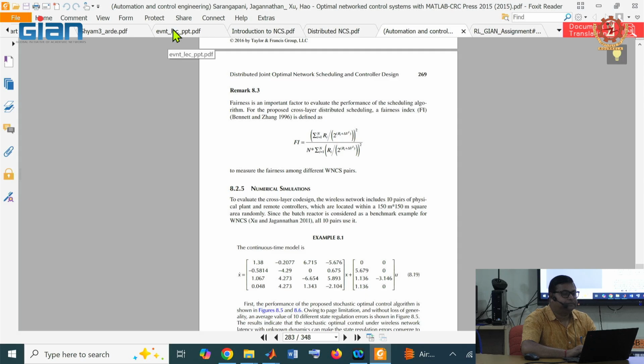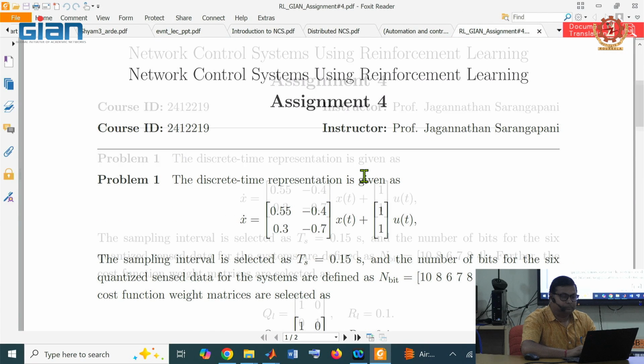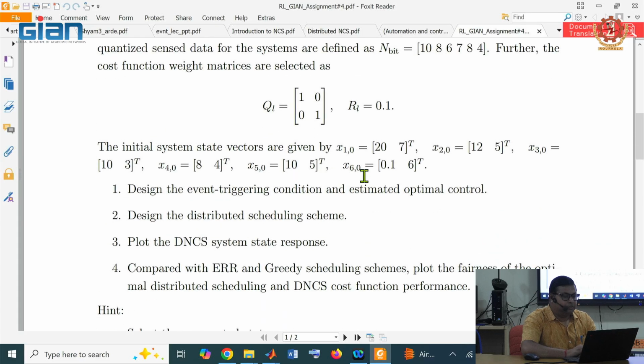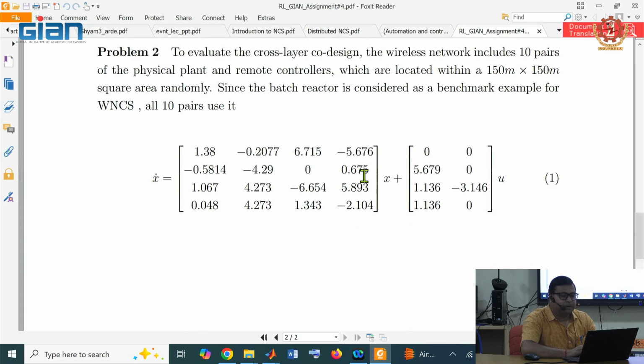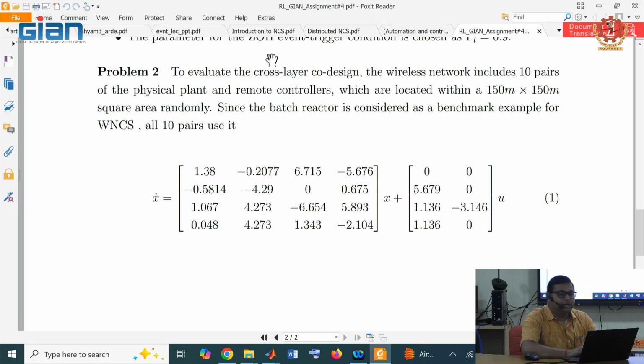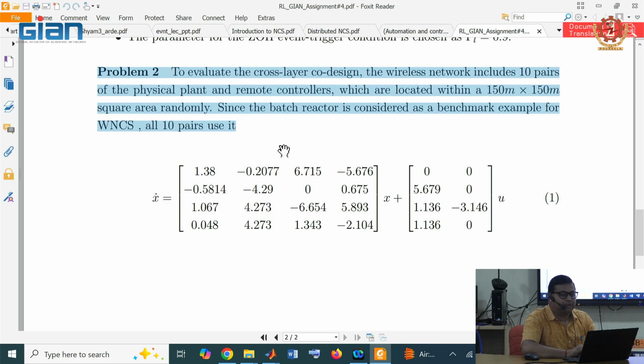One second. You come to the second problem. I am doing the wrong thing. You come to the second problem. Sorry, the second problem is related to chapter 8. There is a mistake I did. The problem 2, this is the batch reactor problem. Correct.